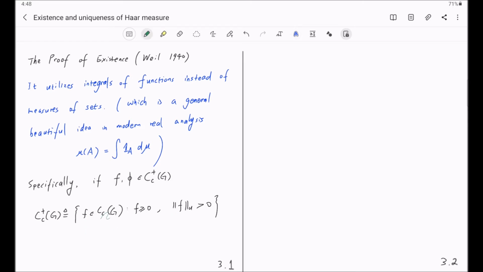So here I should give a footnote. This means compactly supported continuous function, and this notation means the supremum norm for f.